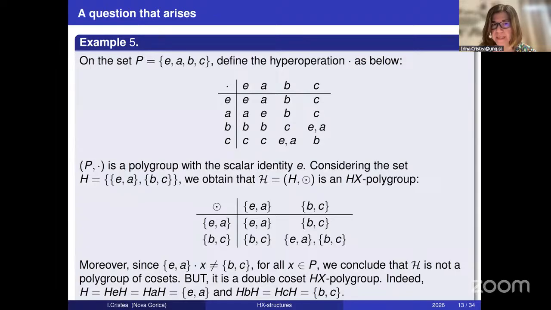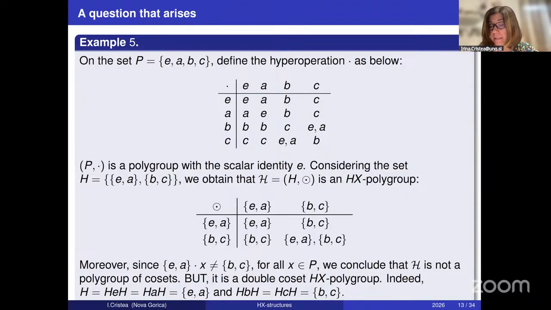We consider the set P with 4 elements with the hyperoperation defined in the first table, which is a polygroup with the scalar identity E. Now considering the set H of the two subsets, we obtain that it is an HX polygroup. And moreover, since the product between the set containing E and A and x is different from the set BC for all x in P, this shows that H is not a polygroup of cosets.